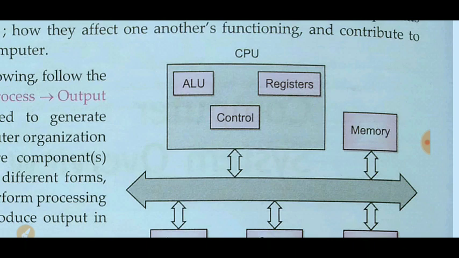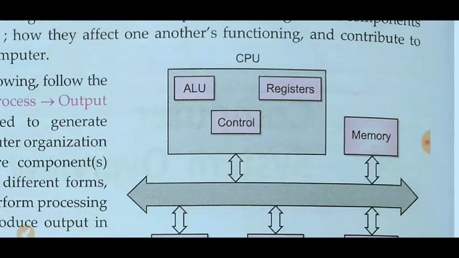Then intermediate result. Why am I saying intermediate result? Suppose that we are having an equation like 2 plus 3 plus 5. Then we know very well plus sign is a binary operator in computer, means at a time it will perform operation with two values.